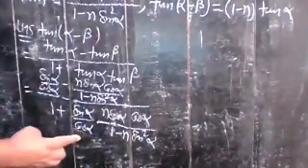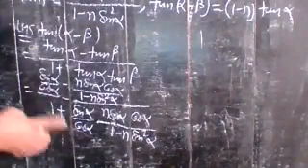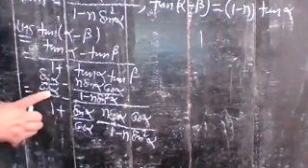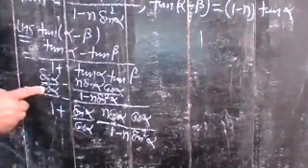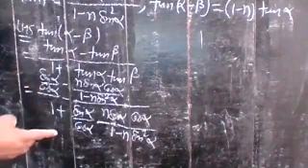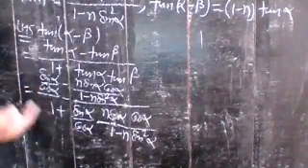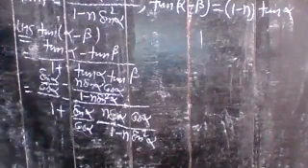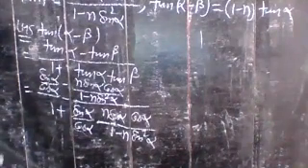Now taking LCM. If you see your numerator part and denominator part, the LCM which you have taken is the same in both, so it cancels out. You can write the LCM part or cancel it directly.